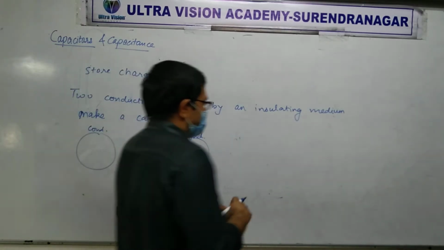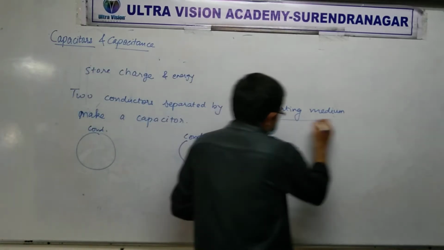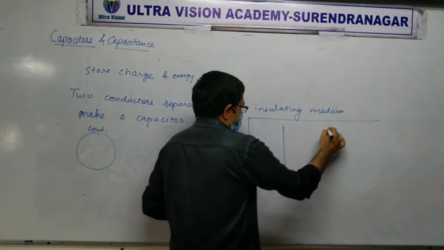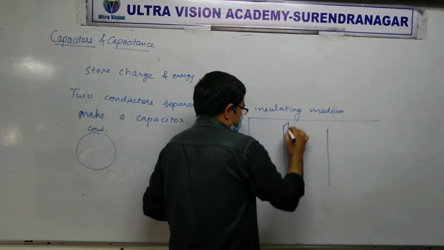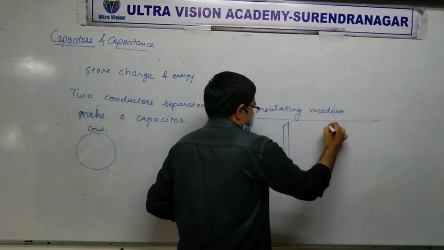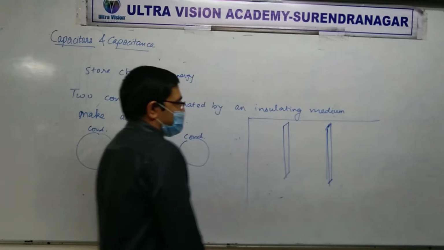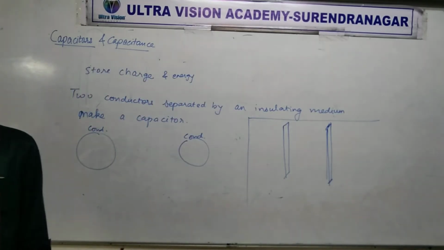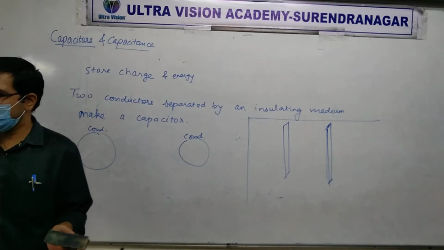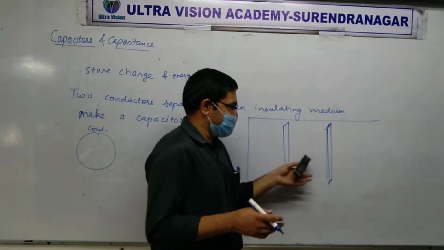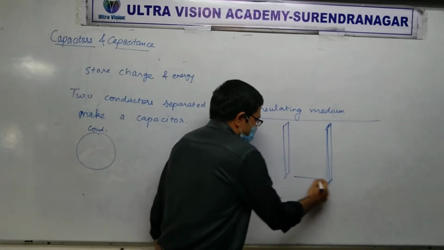But we are mostly going to study something called a parallel plate capacitor, which is something like this: there are two plates made up of metal, separated from each other, and they are parallel to each other.